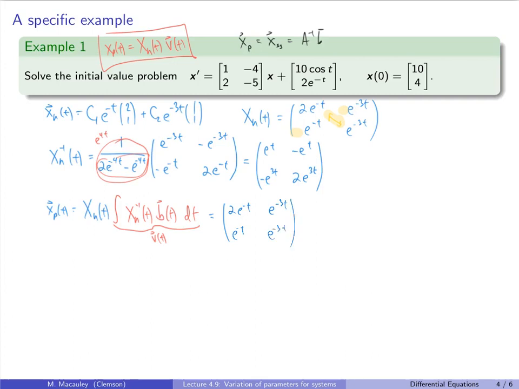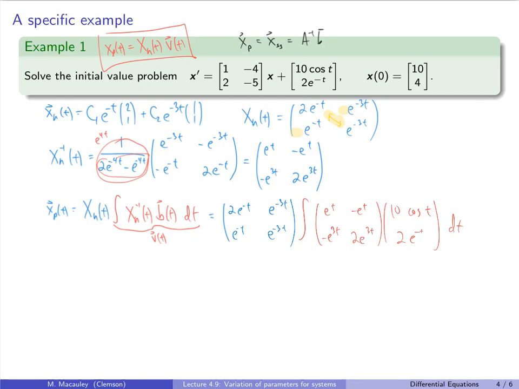And then I'll do the rest in red. It's the integral of the matrix e to the t, negative e to the t, negative e to the 3t, and 2 e to the 3t, times the vector 10 cosine of t times 2 e to the minus t dt.